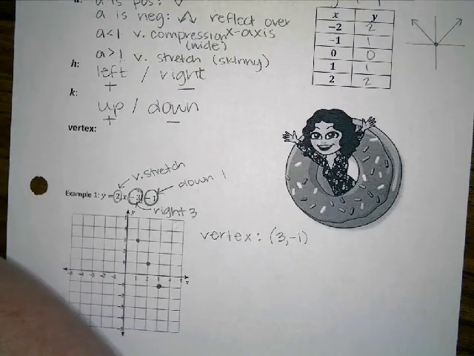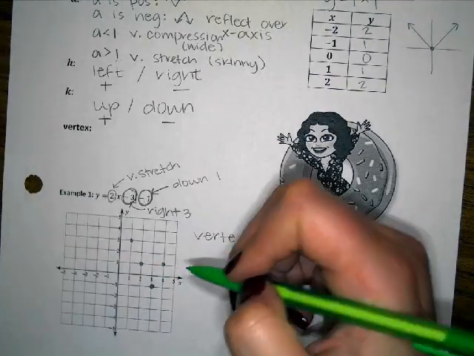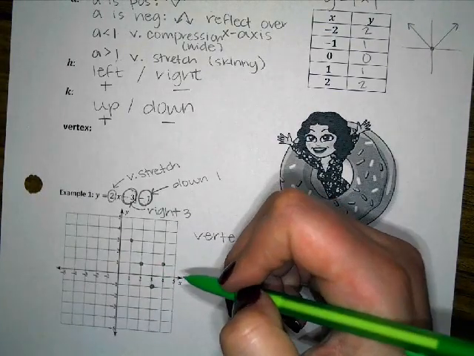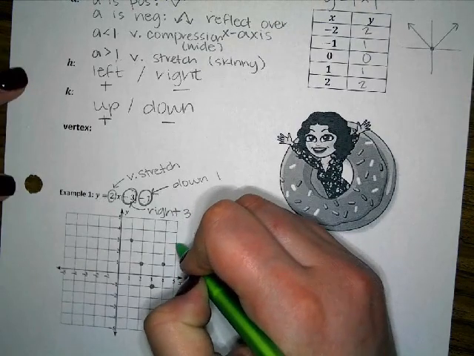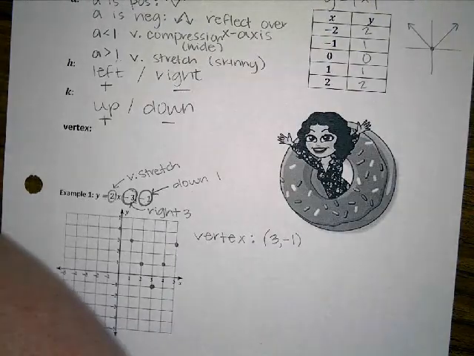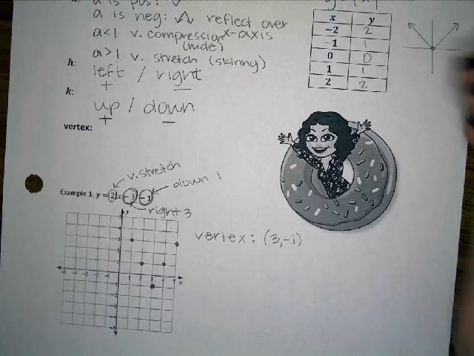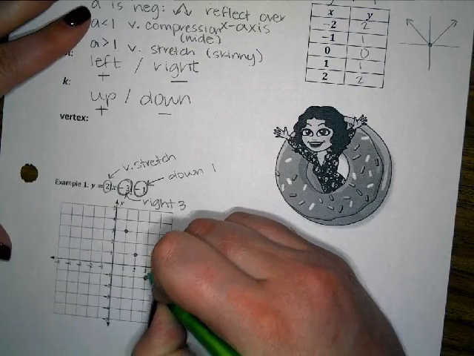And I'm going to graph the point 5, 3. So here's your vertex. You should have graphed this point, this point, this point, and this point. So 2 points to the left of the vertex, 2 points to the right of the vertex. And then you can draw your V shape.